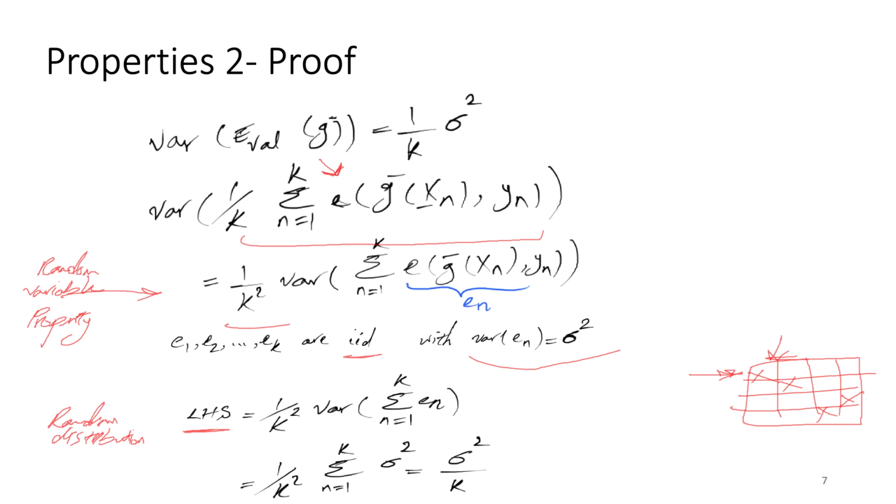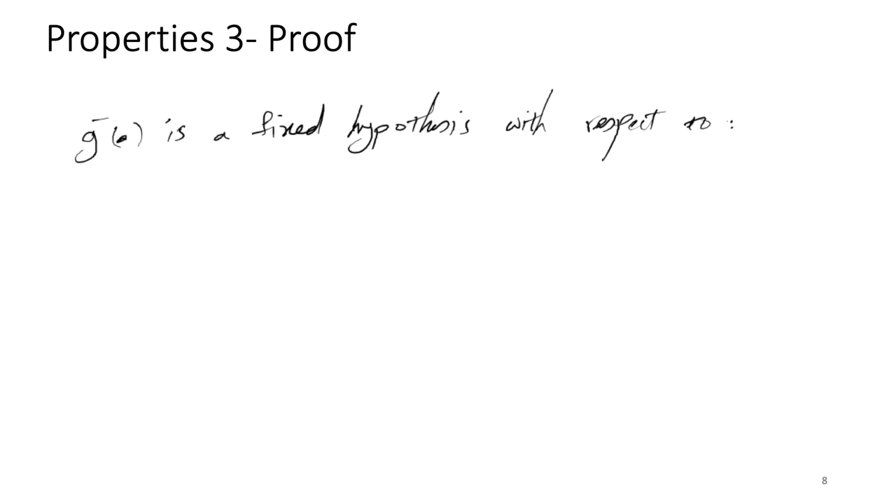Okay, let's talk about the third one. So g minus, the function, is a fixed hypothesis with respect to our validation data, right? Because changing that.